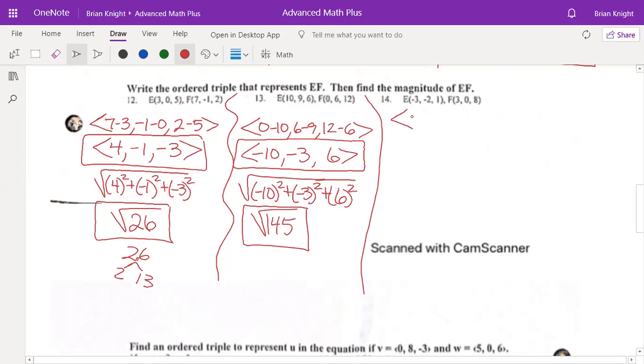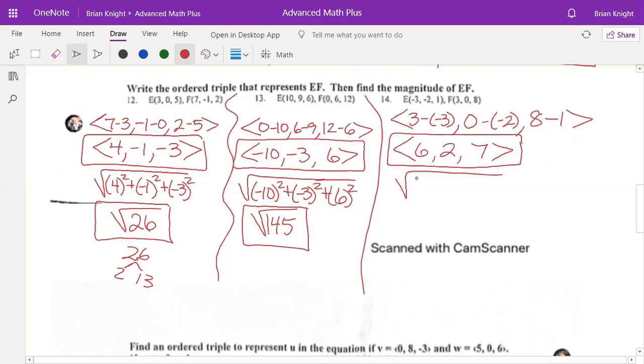Here we go. The last one, we'll get 3 minus negative 3. Be careful with your signs. 0 minus negative 2. Again, careful with your signs. And 8 minus 1. The reason I said that in first block, I messed this one up because I wasn't careful with my signs. That's going to be 6 and 2 and 7.